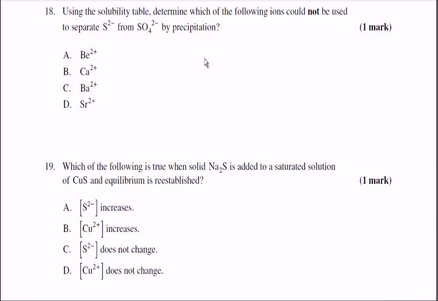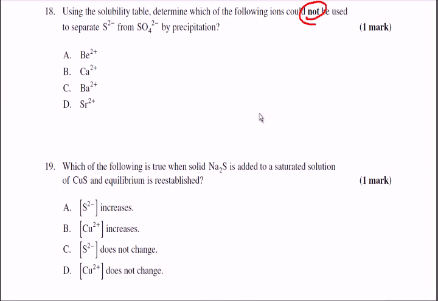So which one cannot be used? Please make sure you read this slightly bolded word. So in other words, which one is going to be soluble with both, or which one is going to be insoluble or low soluble with both?